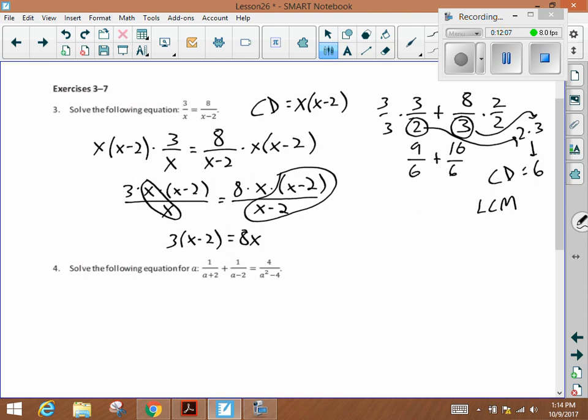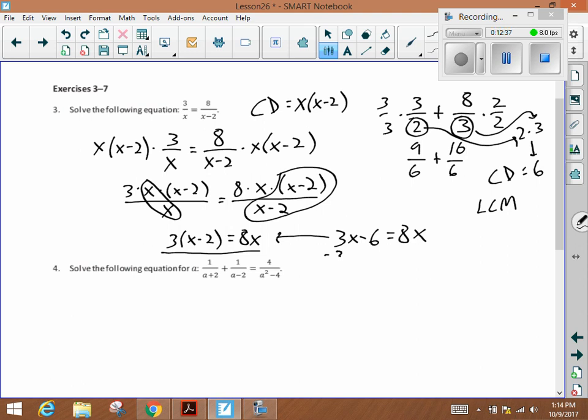I used to have a teacher that would tell me that mathematicians are lazy. They would like to take an easy problem, or harder problem, and make it easy by using some trick. And so the trick we're using is we're multiplying both sides by our common denominator, and that gives us something that is so much better to solve. It takes us right back to Algebra 1, where life was good, we were happy, equations were easy to solve.